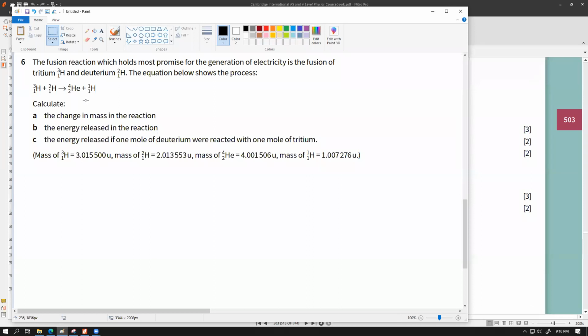B was the binding energy, the energy released in the reaction, and C was the energy released if 1 mole of deuterium were reacted with 1 mole of tritium. Let's understand the change in mass in this reaction: it means how much is the difference of the masses on the left side and on the right side. So that is not very difficult to do.